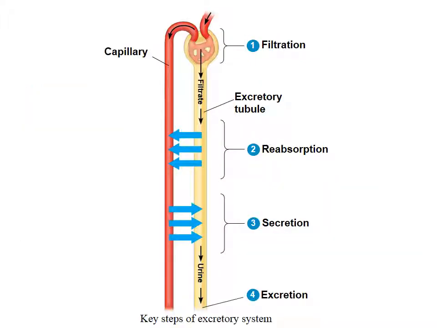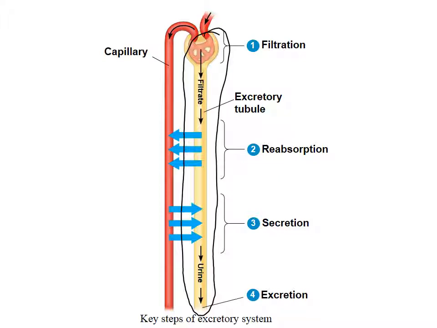Here is a picture showing you how this is done in a simplified way. So these are the key 4 steps. In yellow is the tube that is responsible for doing all these 4 functions. And in red is a capillary, which is bringing blood to the tube, giving the filtrate to it, and then the necessary things coming back out.